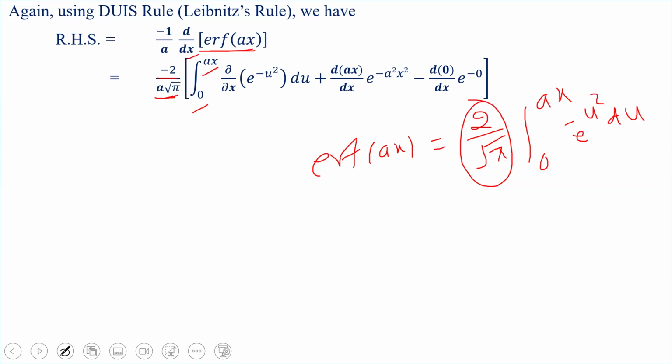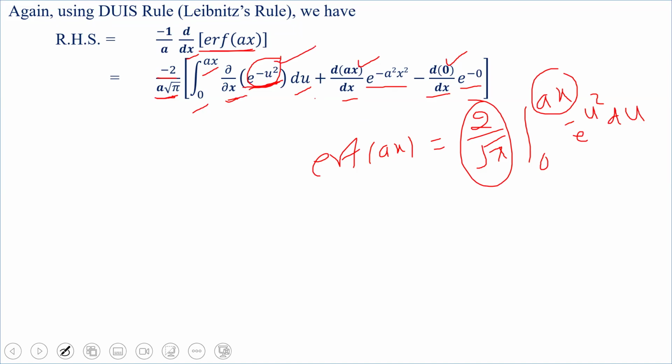So partial derivative of e to the power minus u square with respect to x, du, plus derivative of the upper limit ax with respect to x, times the functional value of e to the power minus u square at ax, which is e to the power minus a square x square, minus derivative of the lower limit times e to the power 0. What is the derivative of e to the power minus u square with respect to x?